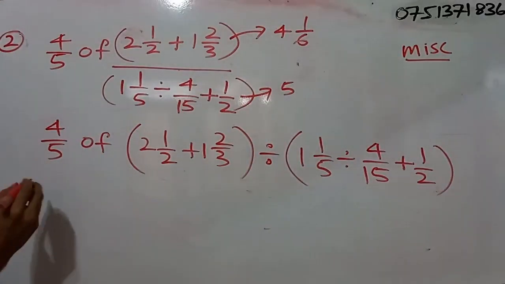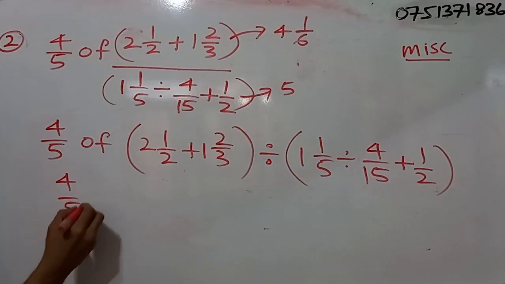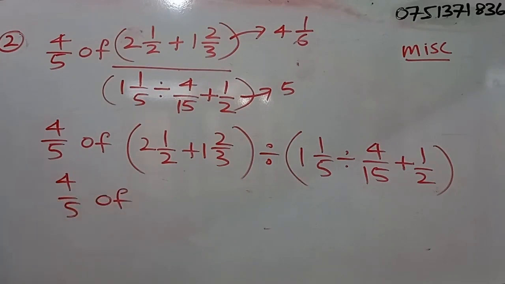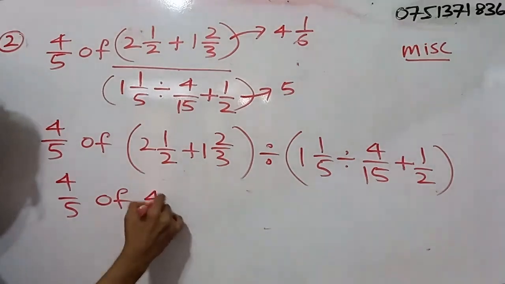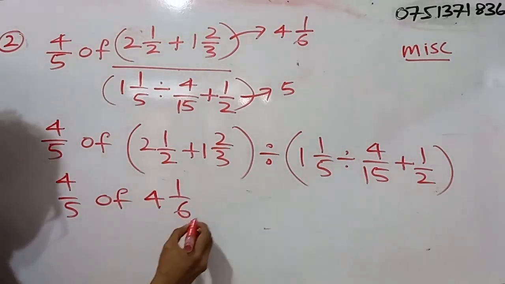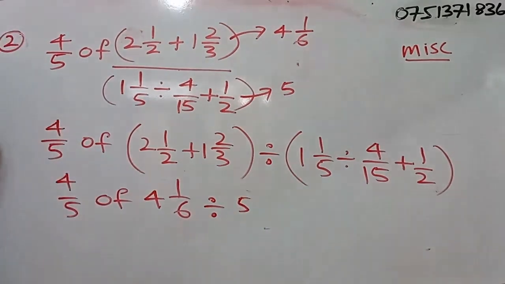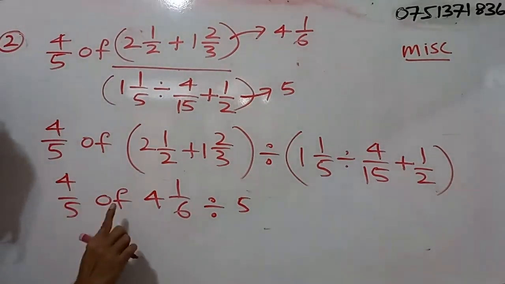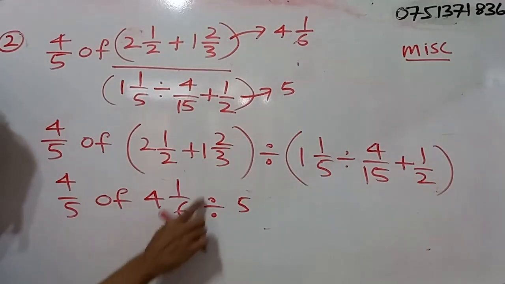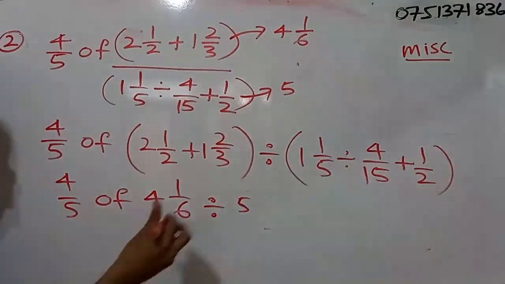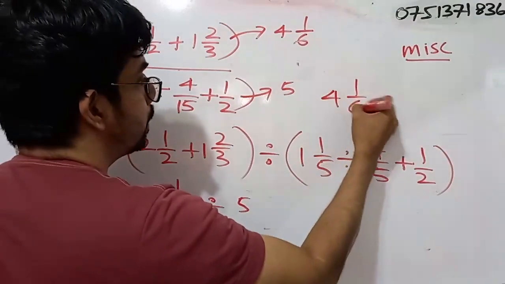Now 4 by 5 of, within brackets, what do we have? 4 and 1 by 6. And we have to divide by 5. Before we go any further, we have to simplify this. So this becomes 4 and 1 by 6.